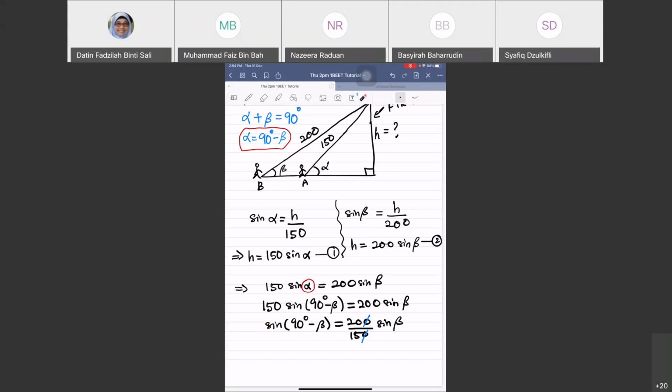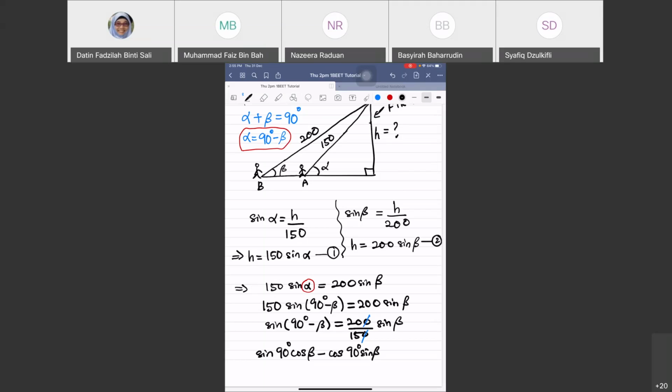Look at the formula. Sine A minus B is sine A cosine B minus cosine A sine B. I am applying the sum and difference formula for sine.